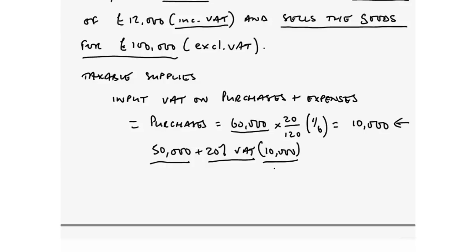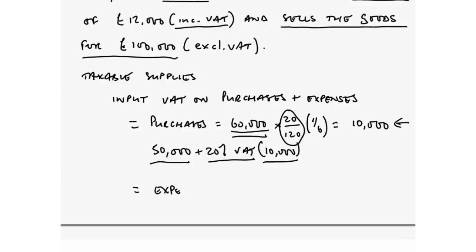That was 10,000. If, as is far more likely on a purchase, you're told the cost you actually incurred, which of course is inclusive of VAT, then you take 21/20ths of that VAT inclusive figure. And so we get input VAT of £10,000 that we've suffered.